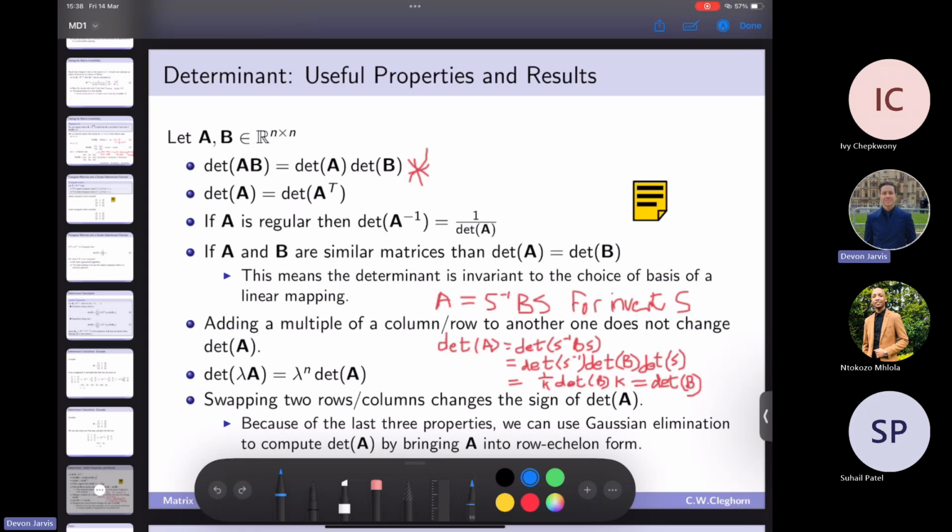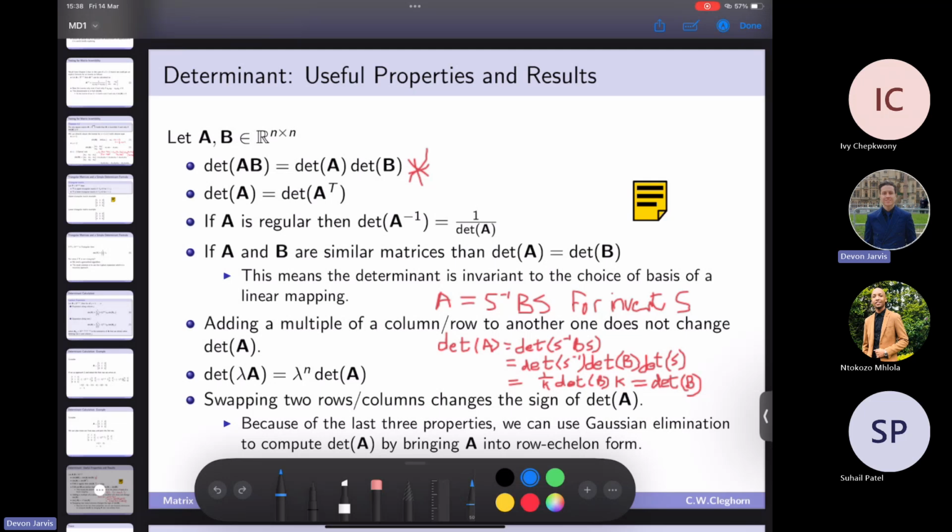Similarly, the determinant of A is equal to the determinant of its own transpose. And if A is regular, in that it can be inverted, then the determinant of the inverse is 1 over the determinant of A itself.